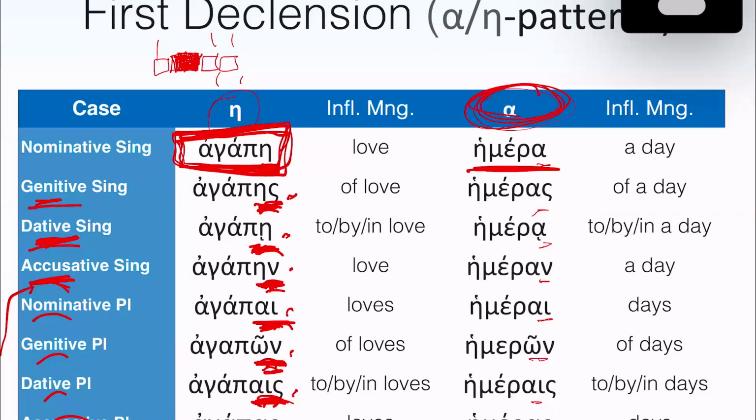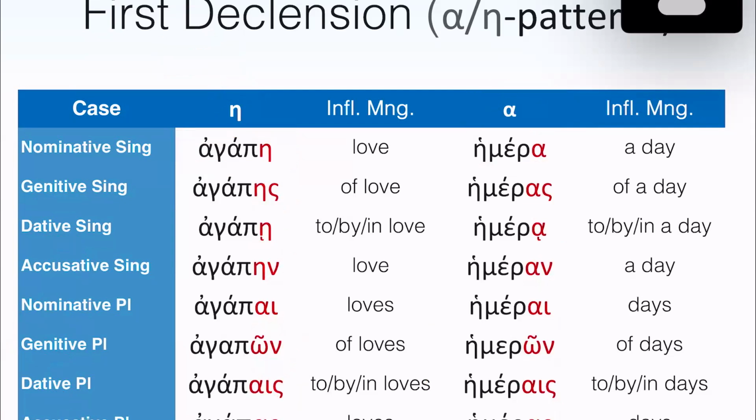So instead of eta, we've got alpha, as, alpha with the iota subscript, an, ai, on, ais, as. Very, very similar. And you'll notice here that the plurals are identical. And really, it's only the vowel here that's actually changing, because the sigma's the same, the nu's the same, the iota subscript is the same.